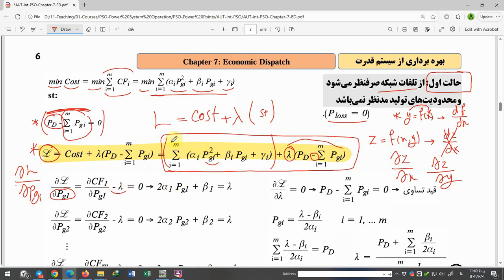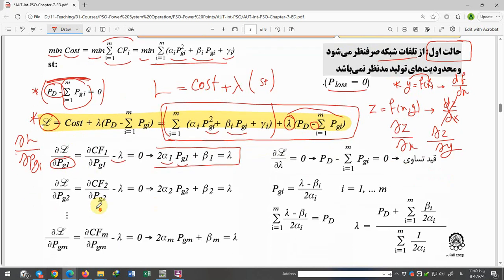And if you get the derivative from this part, 2 alpha 1 pg1 plus beta 1 comes out, and this equation is a result of the first derivative of Lagrange on pg1. After that, for pg2 to pgm, we can write these m parameters.